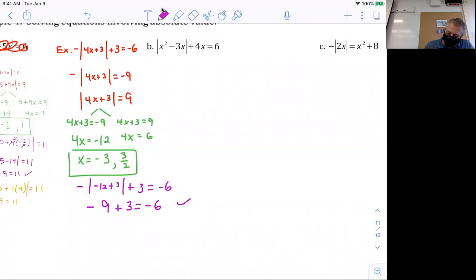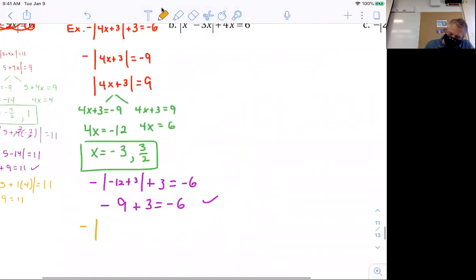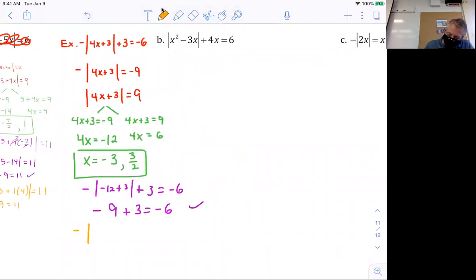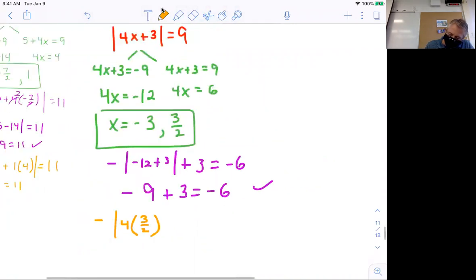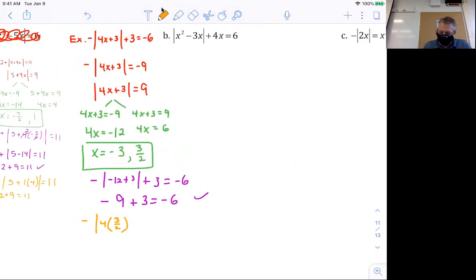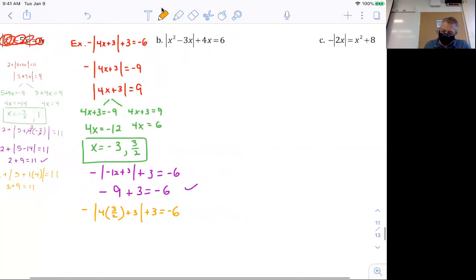For our next one, I'll plug in 3/2. So I'll do the opposite of the absolute value of 4 times 3/2 plus 3. So again, I'm plugging it in here, and then plus 3 is equal to -6.